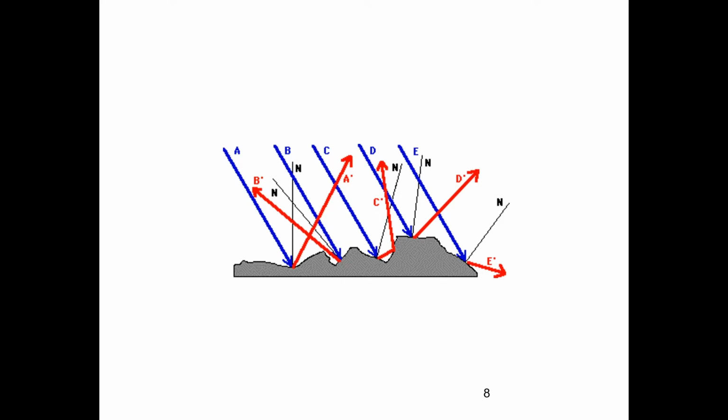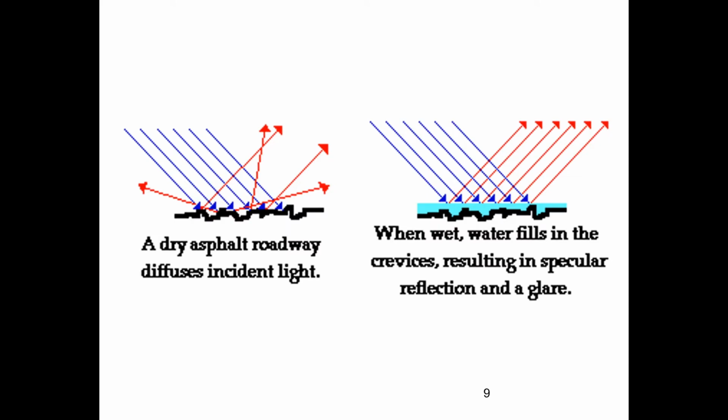The blue is the incident ray, the red is the reflected ray, and if you look at that N line, which stands for normal, you can see that the angle between the blue and the normal and the red and the normal is the same. Diffuse surfaces can become specular surfaces. Just add water.